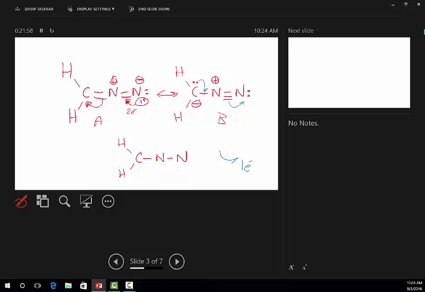So if it asks you to do that in chapter 1, you want to switch it to a full arrow. This is chapter 4. We'll start using half arrows. Same principle, though. Any arrow, it's from here to there, so it shows where the electrons are moving.